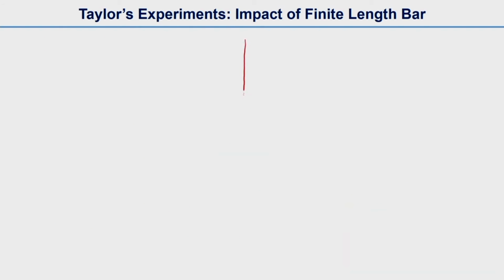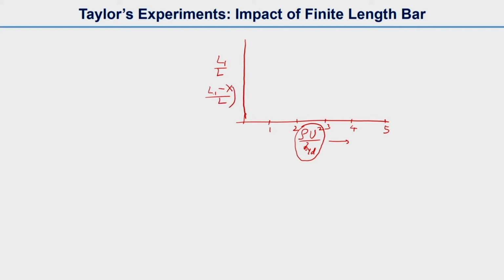So what we know from Taylor's plot is, on this axis, rho capital U square over sigma yd, which is 1, 2, 3, 4, 5, and in this direction we can plot L1 by L, or L1 minus x by L, both in the y direction.